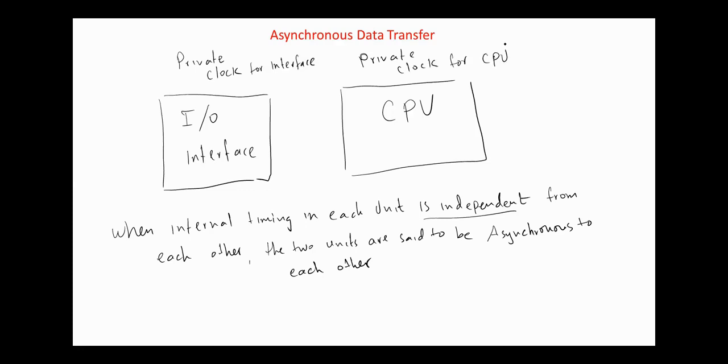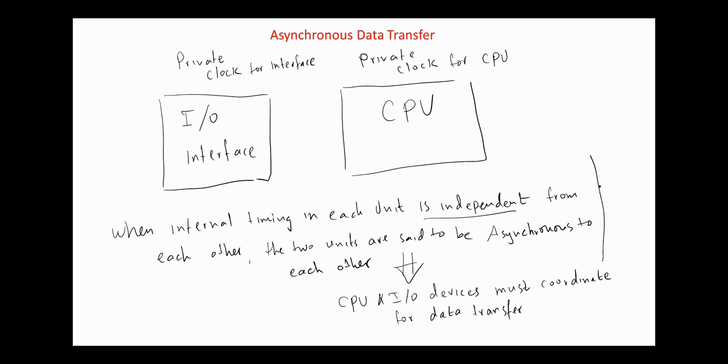So we have private clock for interface and the private clock for the CPU. And this implies that CPU and I/O devices must coordinate for data transfer. Or we say that synchronization is required.